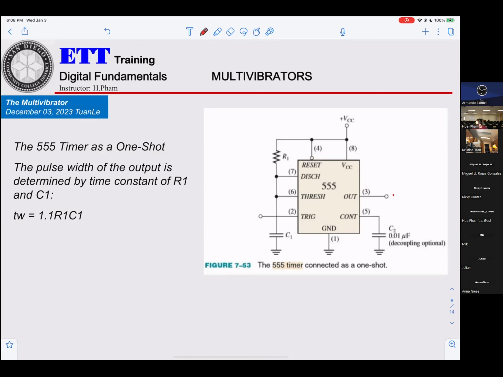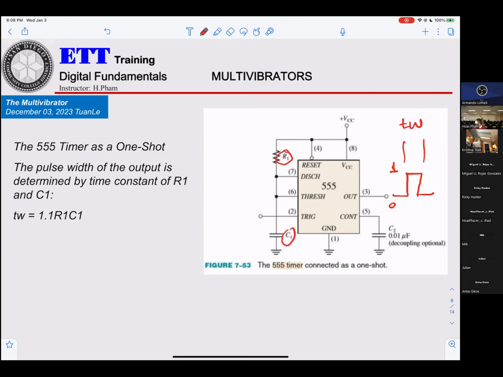That means it goes to logic 1 only once, just one. And that TW, the pulse width, can be calculated as 1.1 times R1 times C1. You see C1 here and R1 here.